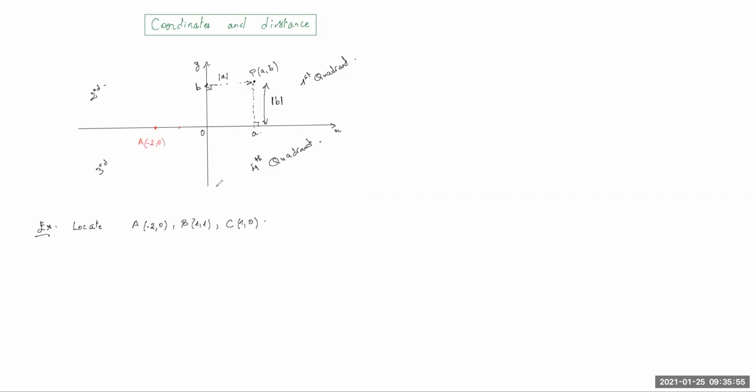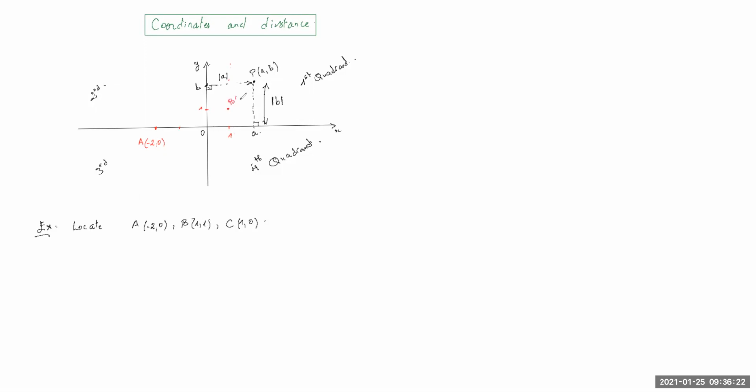So my point will be here, -2 and 0. B is 1 unit from the y-axis, so it will be somewhere on the vertical line, and 1 unit from the x-axis, so it will be here.